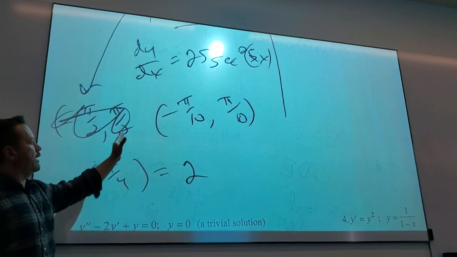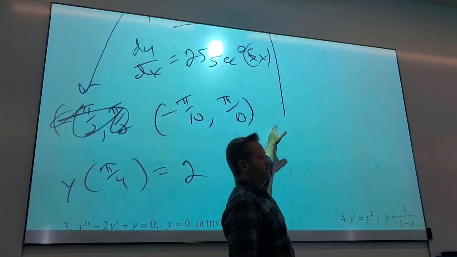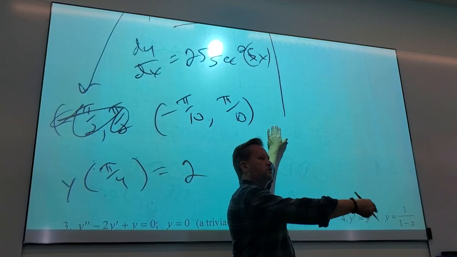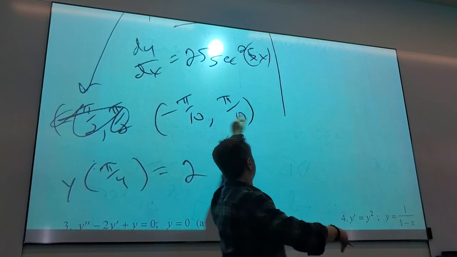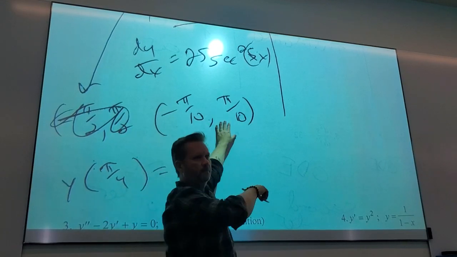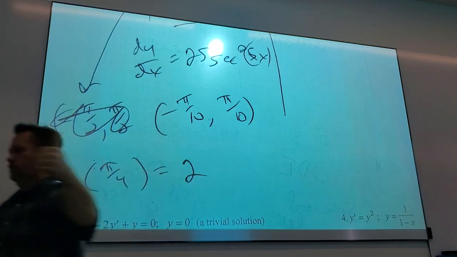Nope. I would have to keep going. So what's the next interval after this one? Oh, I'm sorry, how wide is this interval? 2 pi over 10. Yeah, so it's pi over 10 wide either way. So the next interval would be pi over 10 to 3 pi over 10.